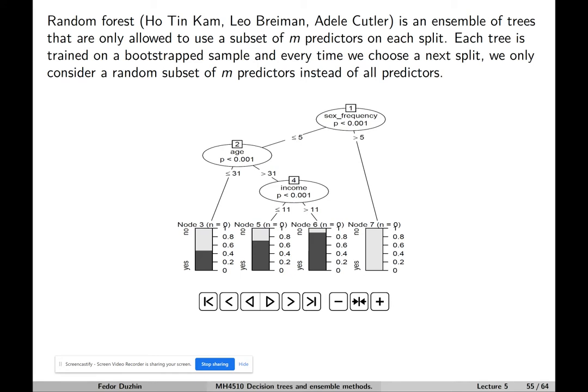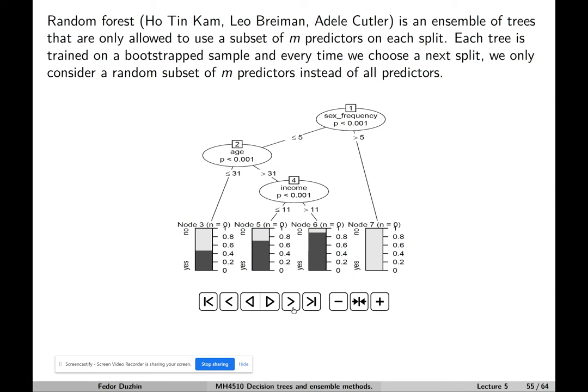And this is what it's going to look like. So the first tree of this random forest uses sex frequency, the familiar predictor, as the first split, right? But then it just means that it was allowed to use sex frequency as a predictor just by random chance.